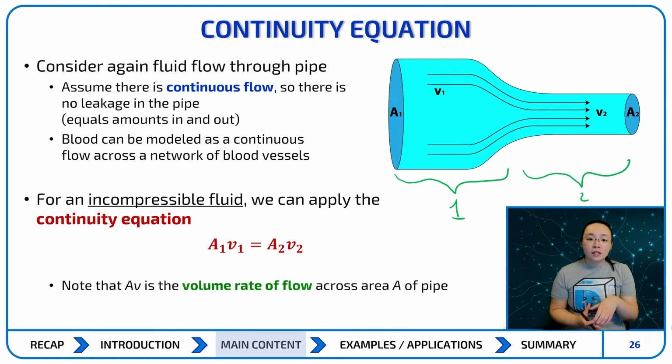Because you still have the same amount of fluid, in order to compensate, the velocity is going to have to increase. So for smaller tubes, you're going to have larger velocities. Because we've defined fluid flow with cross-sectional area A and velocity V, we call AV the volume rate of flow across an area A of pipe. That's just the term for AV.